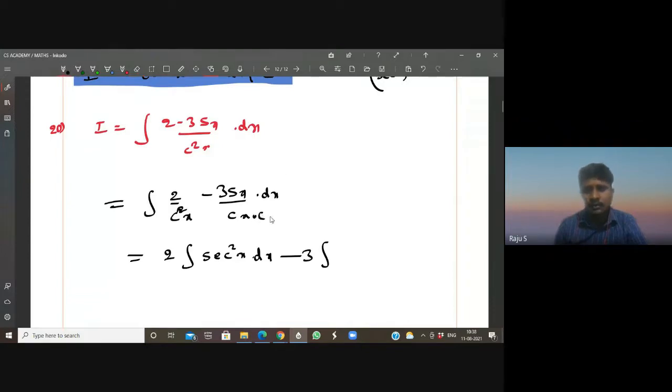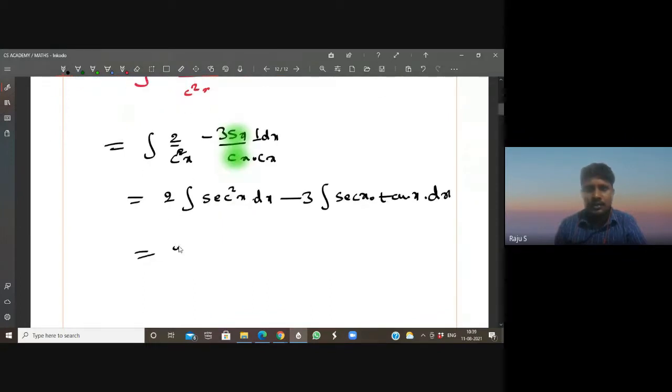What is sin x by cos x? Sin x by cos x is tan x. What is 1 by cos x? Shall I write it as secant x?